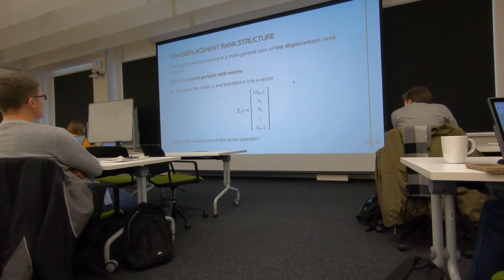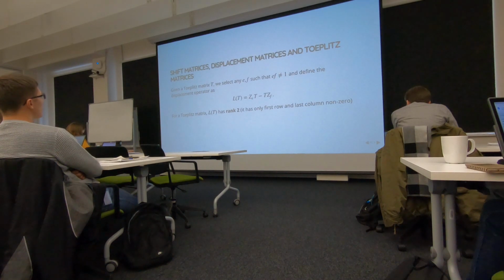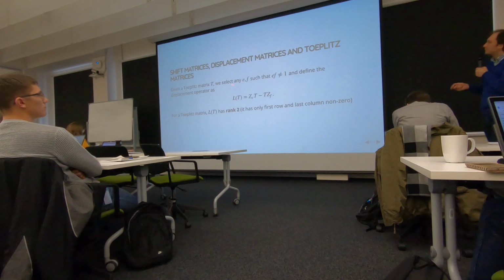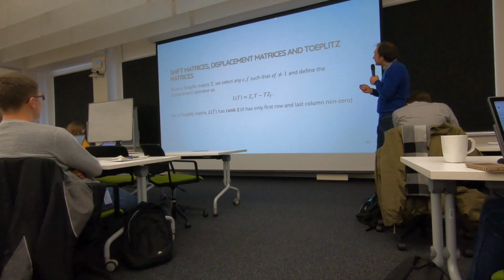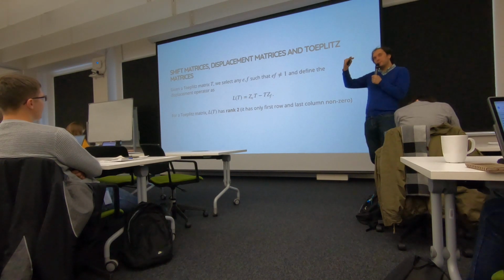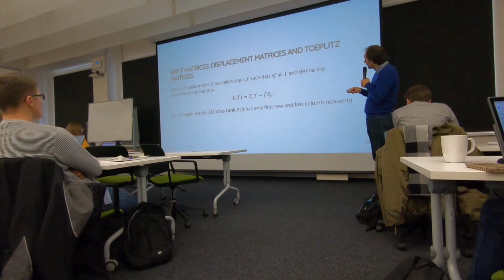So we define this scaled periodic shift matrix which takes the vector, shifts it down, and puts the scaled last element to the first place. And what we do, we take the scaled shift matrix and multiply it from the left.